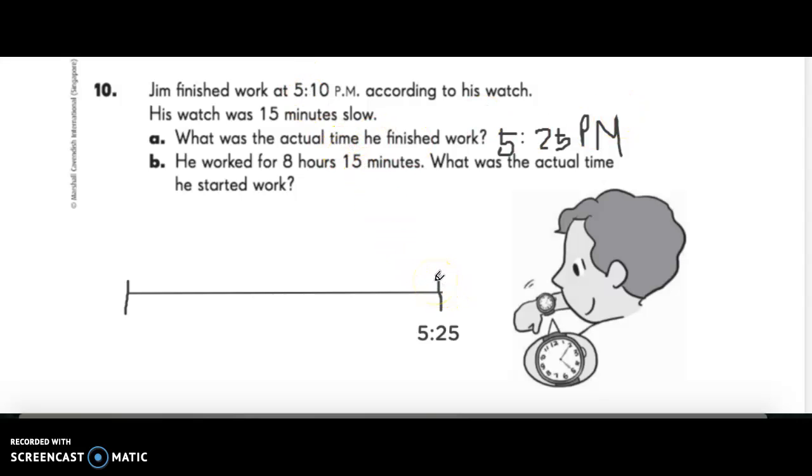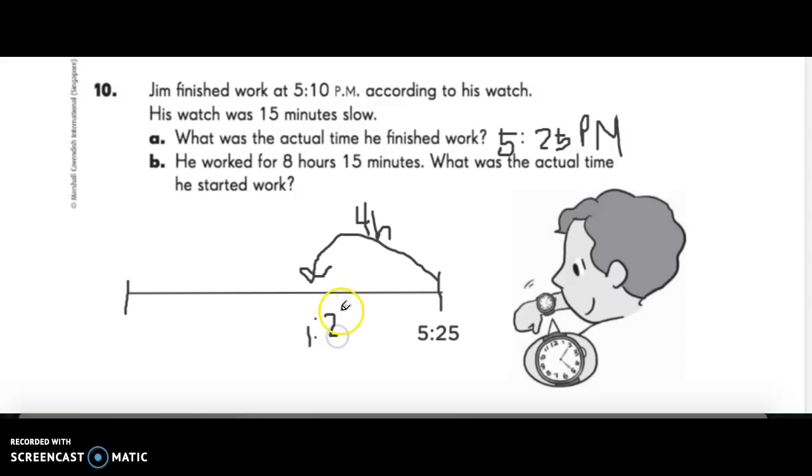So I would suggest breaking up this 8 hours. It's a lot to go back. So let's do 4 hours first. We'll count back, make sure it makes sense. Okay, so if we're at 5, 4, 3, 2, 1, 25.